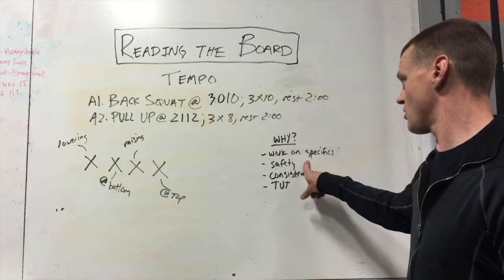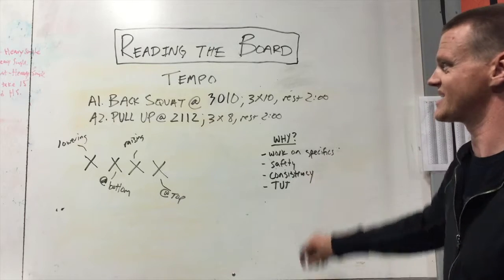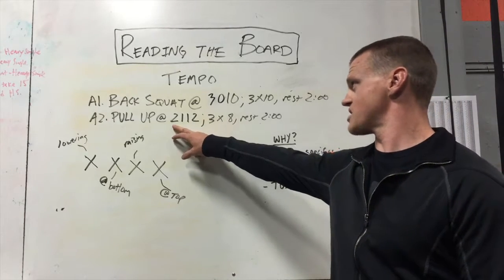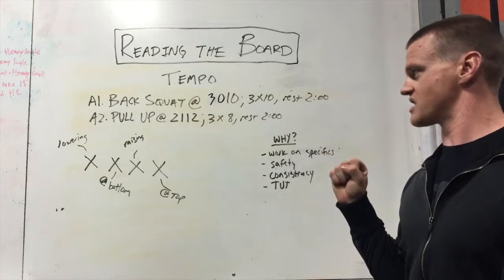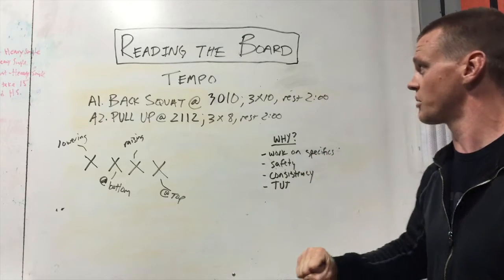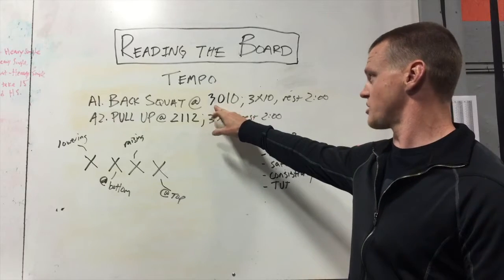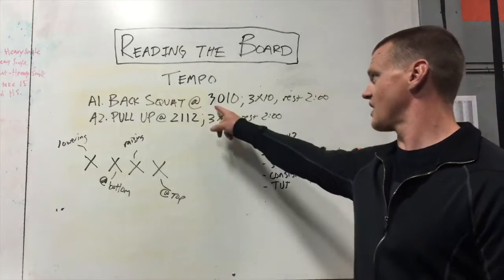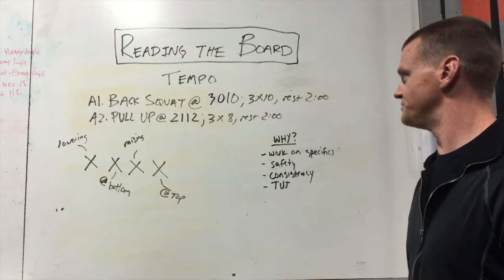Some of those are, you can work on specific parts of a movement and specific weaknesses. For this pull-up example, doing 2 seconds over with a chin over the bar is going to work on stability and strength at the top of the movement, which is a really big challenge for a lot of people. For a back squat, doing a 3010, which is a pretty slow pace on the way down, allows us to really work that controlled eccentric movement.